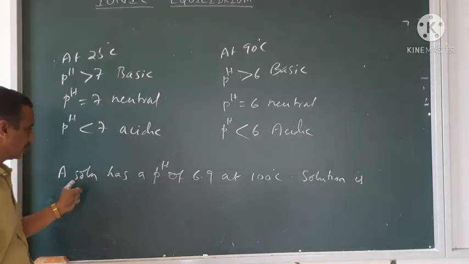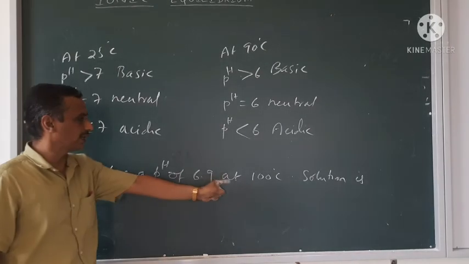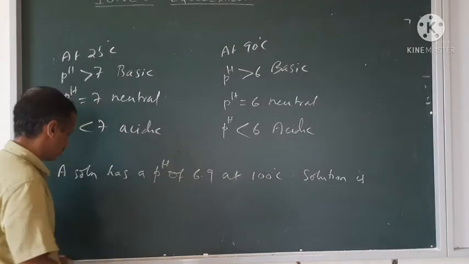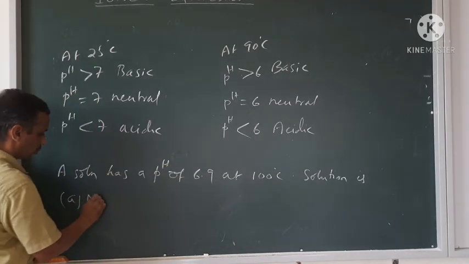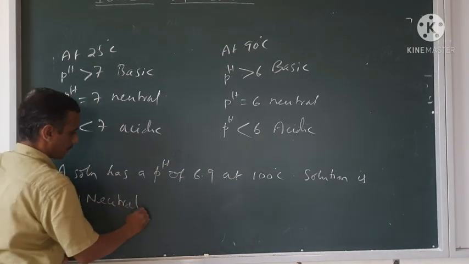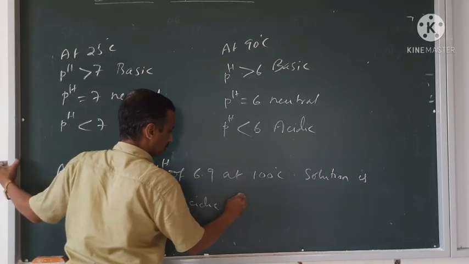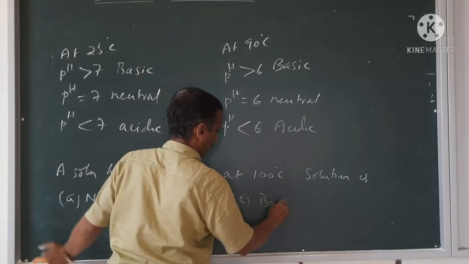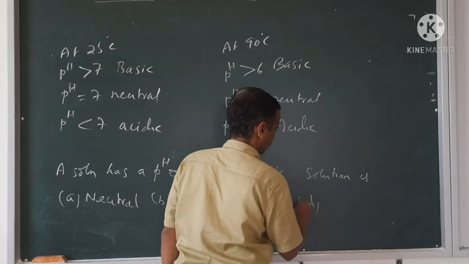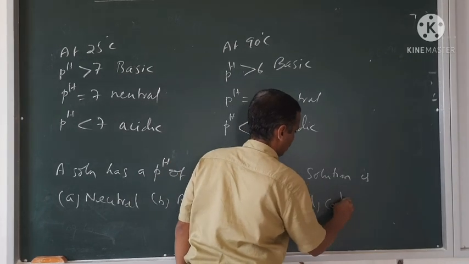Take this question. A solution has a pH of 6.9 at 100 degrees Celsius. The solution is: A, neutral; B, acidic; C, basic; D, can't be predicted.